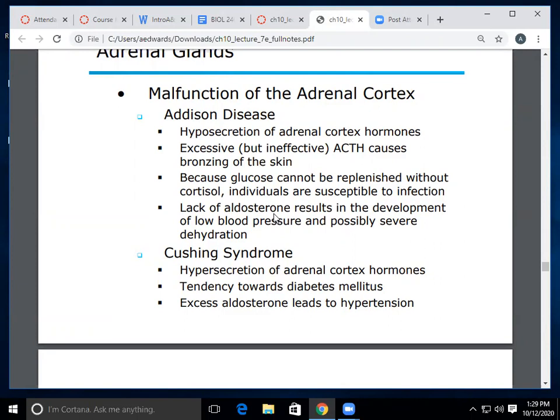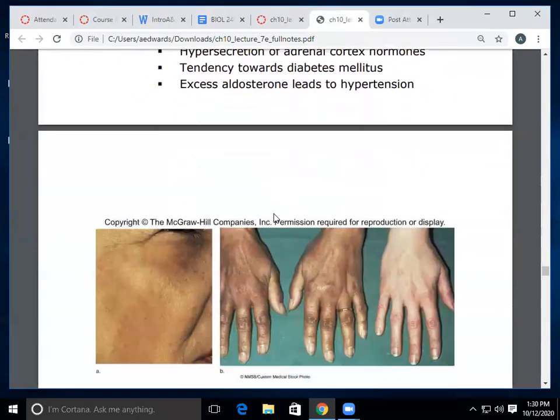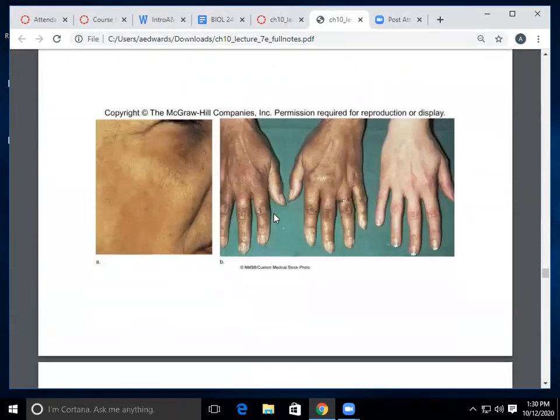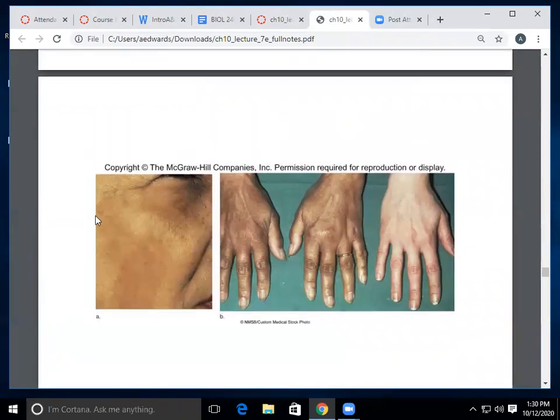So Cushing syndrome, another condition. This is hypersecretion of adrenal cortex hormones, so too high secretion, which pushes you toward diabetes mellitus. Okay, you get excess aldosterone, you get hypertension. Okay, increases your blood pressure too high. All right, so some of that bronzing of the skin there with Cushing's or Addison's disease.